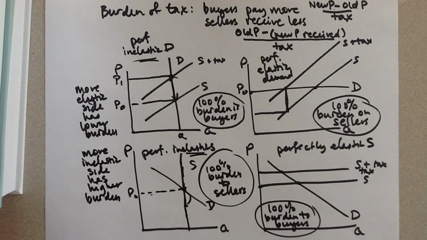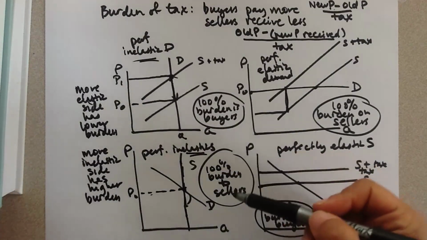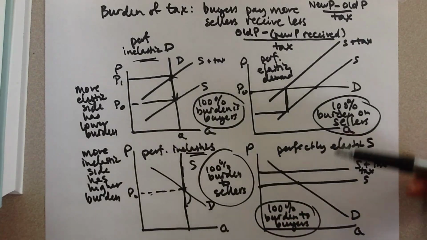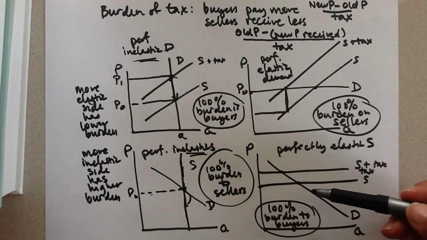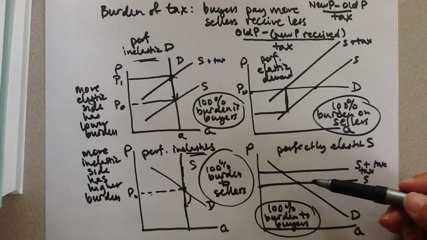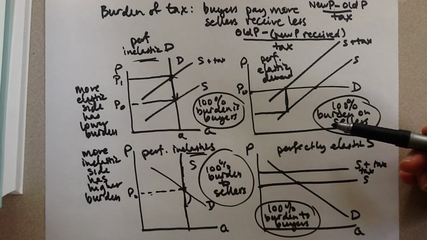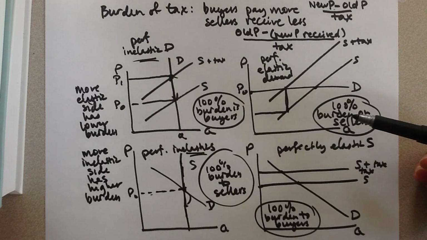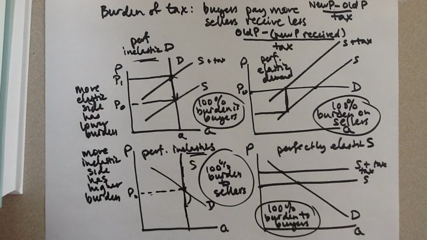You can't adjust, and so in that case, you're going to have the whole burden. And if you're more elastic, more flexible, you have options. You can substitute to something else. Then you're going to have a very light burden because you can escape, and the other side of the market will know that, and they will have to take the higher burden onto themselves.